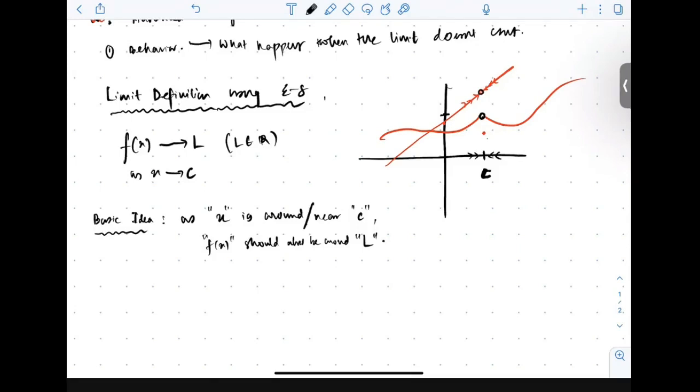In sequences, as n is going to infinity, f(n) is around L, that limit value. That was the definition of a sequence.